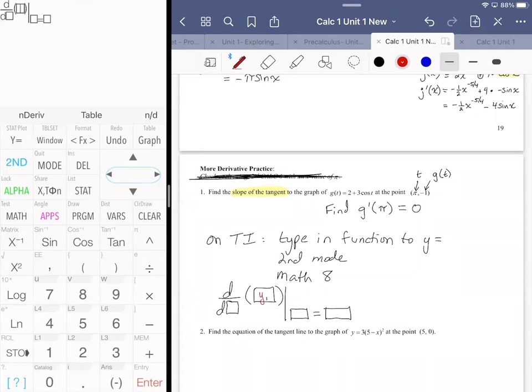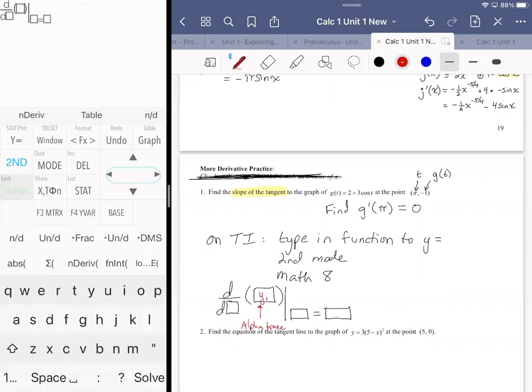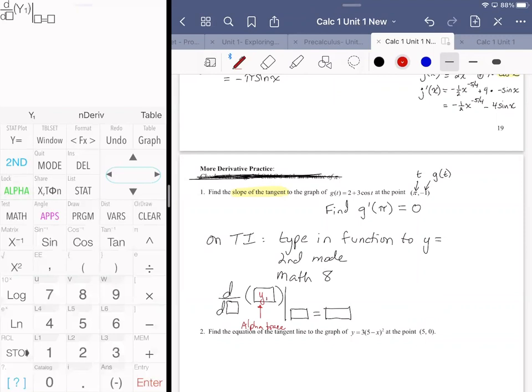The way you bring y1 into this computation is by hitting alpha, trace, and then select y1. It's a little different on mine, so I just have to live with it. But you hit alpha followed by trace and then go from there.